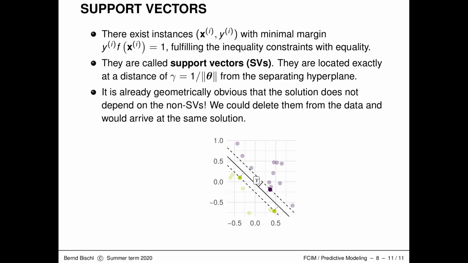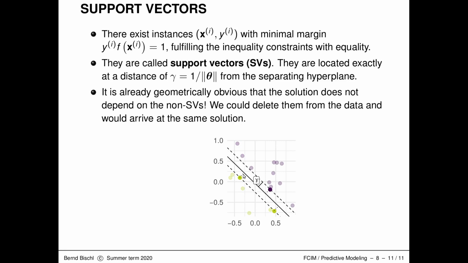Okay, a couple of comments also on the name support vector machine. Apparently there are support vectors involved. So what does that mean? With support vectors, we want to name certain instances in our training set. As we already discussed, we have this safety margin, which is the distance to the nearest observations in terms of the orthogonal distance to our hyperplane.